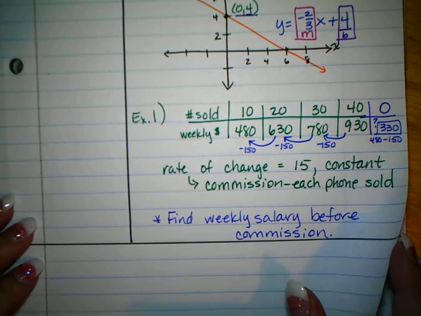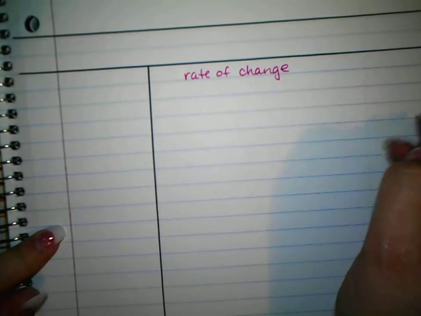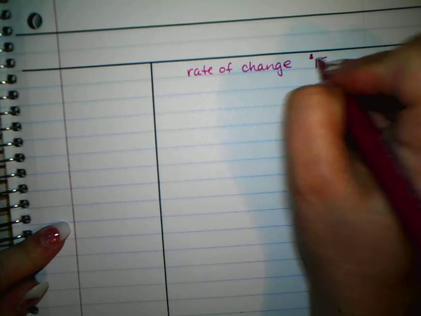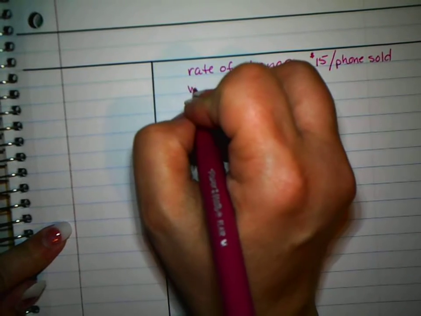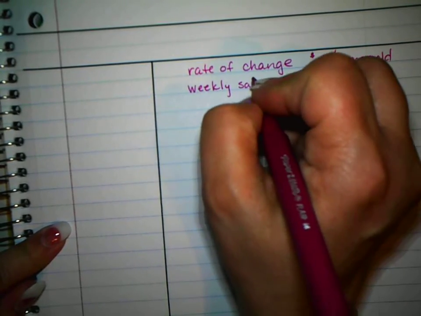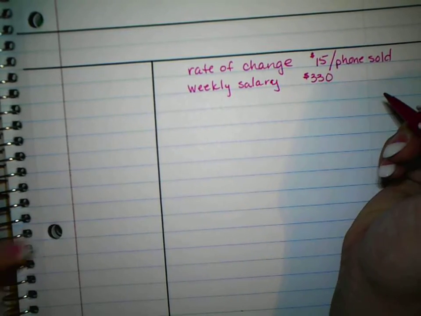Now, what we've done here is we've used the table to find the starting salary, which means if I wanted to take his rate of change, which was $15 for each phone sold, we know his weekly salary now starts at $330 a week before commission.